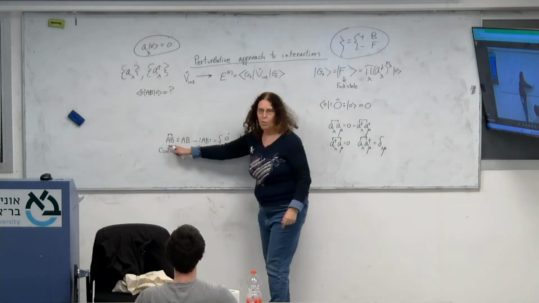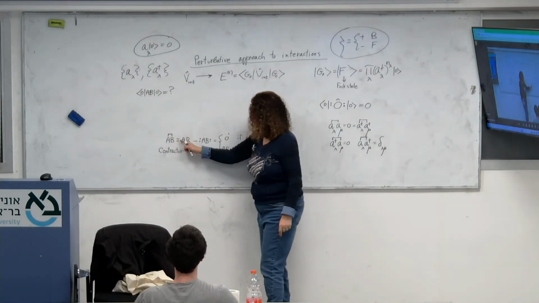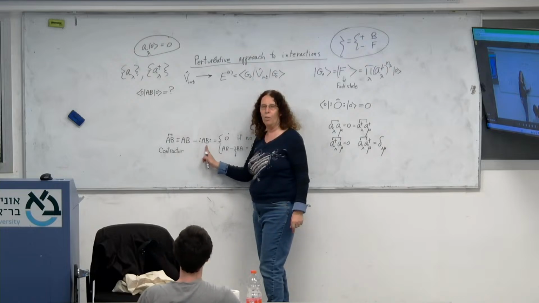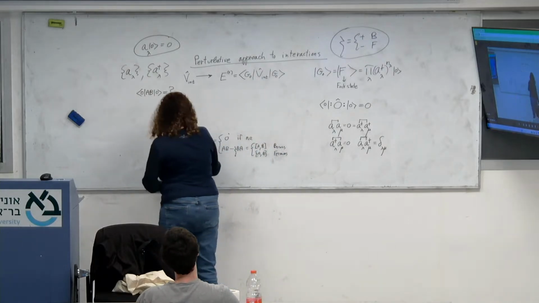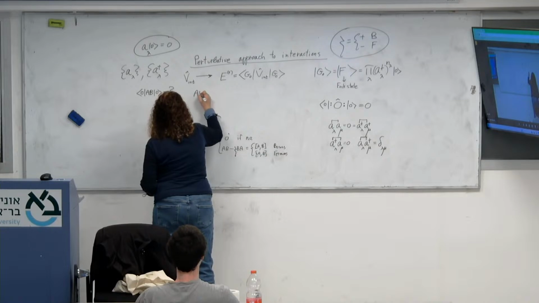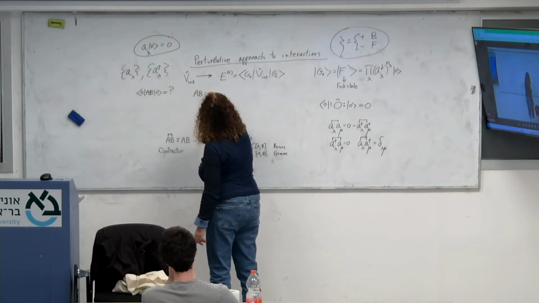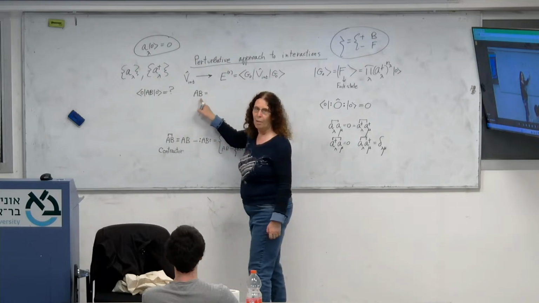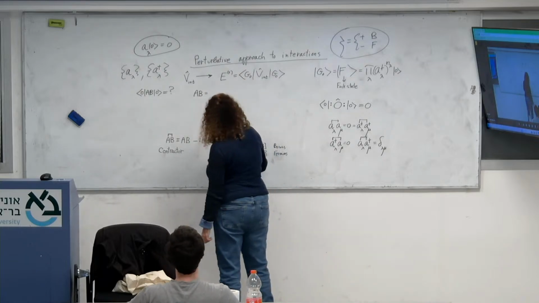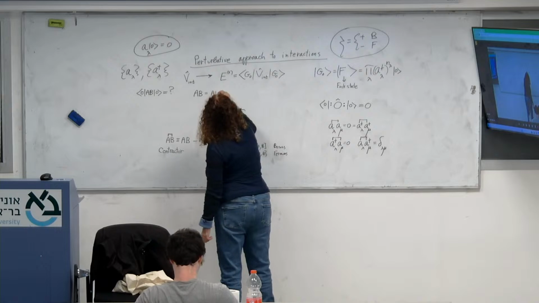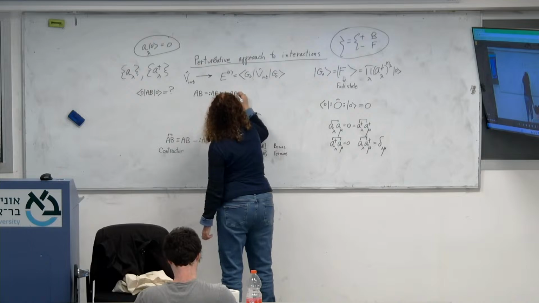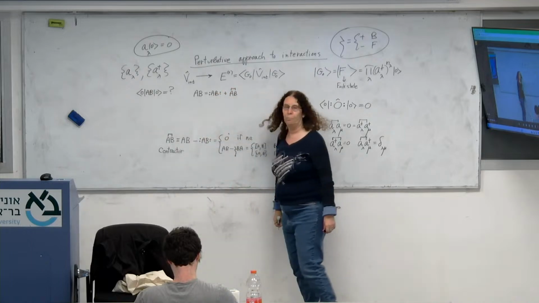This is the definition of a contractor: the operator minus its normal order. So if I'm just switching the order, I can write it like this. The operator A times B is the normal ordered version plus a contractor, right?